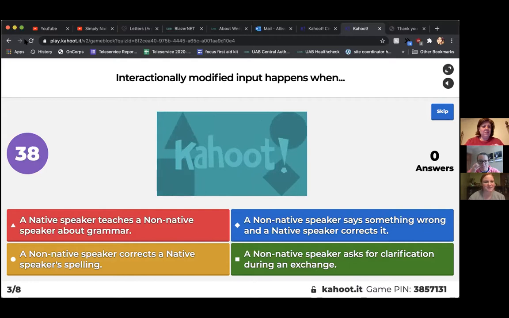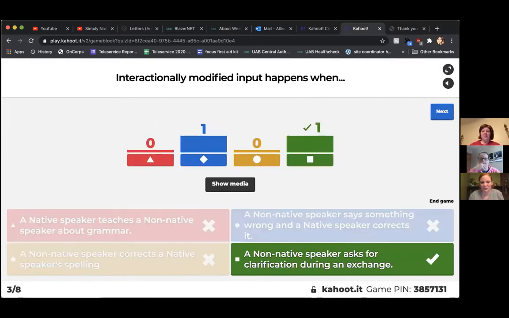I gotta think about this one a little bit. I think it's this one. Modified input asks for clarification. Got it! Yes, I made that tricky on purpose.